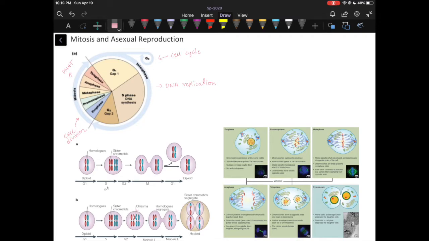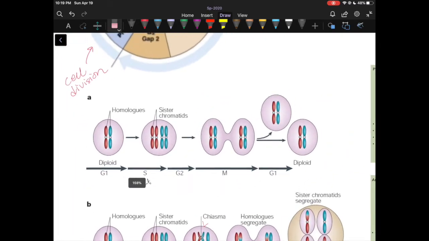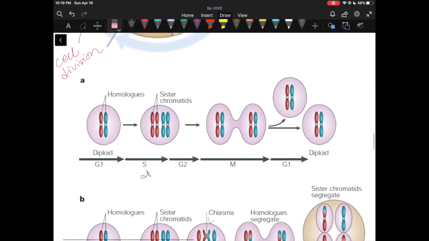But your study guide says that you don't need to know all the steps of it, so I'll explain this more simplified diagram that is shown right here. Okay, so for mitosis, we are going to start off with a homologous pair of chromosomes, and we are going to then replicate those chromosomes.